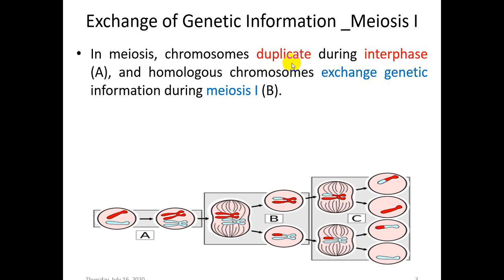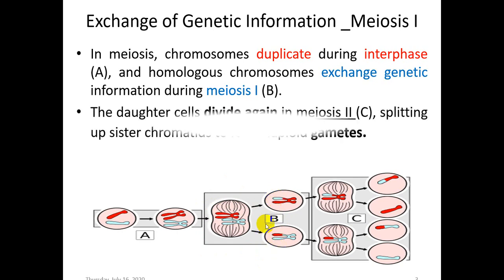So in meiosis the chromosomes duplicate during interphase A, and homologous chromosomes exchange genetic information during meiosis, as you see in B. B is for the shape. Don't mix it with the terminology of cell division. It is just shape. So in the B section of this shape, you see this is enlarged, divided, and these exchange. Okay, let us see the last part of the figure.